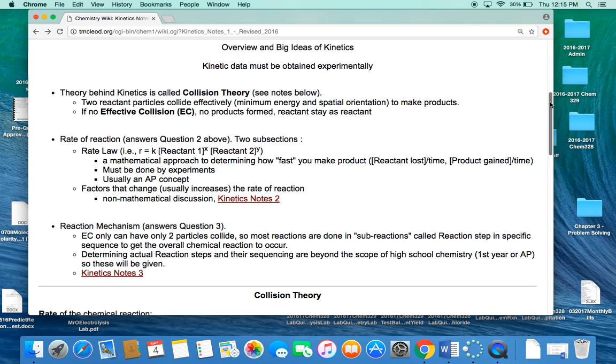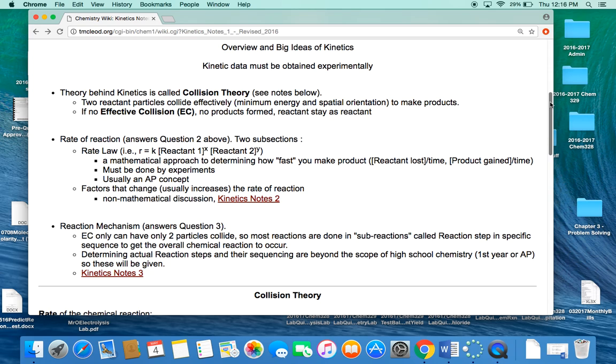So what's the big thing about the collision theory? Well, to make a product, the reactants must what they call effectively collide, or you must make an effective collision. That's what causes a set of reactants to form a set of products. So not all collisions are effective. So therefore, not all collisions will make products.